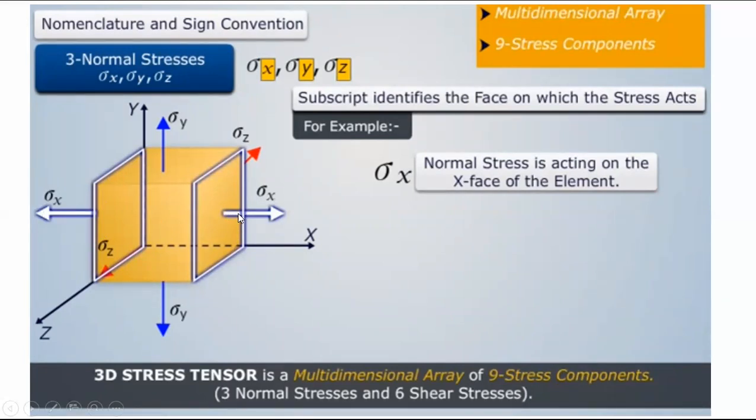Any vector cannot be in two directions simultaneously. A vector has only one direction. But here you can see stress is acting in this direction, and the same amount of stress is generated in this direction inside this component. Okay.